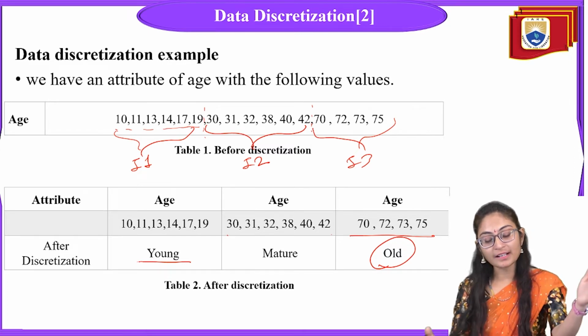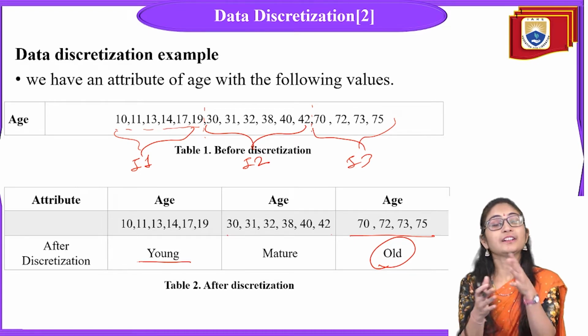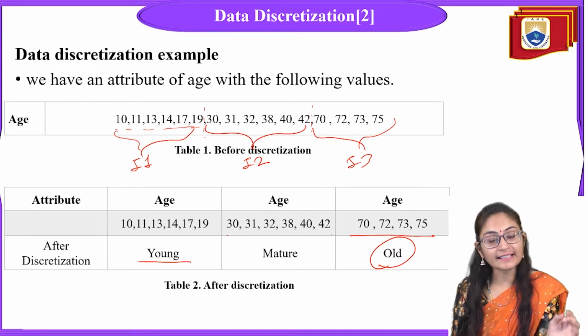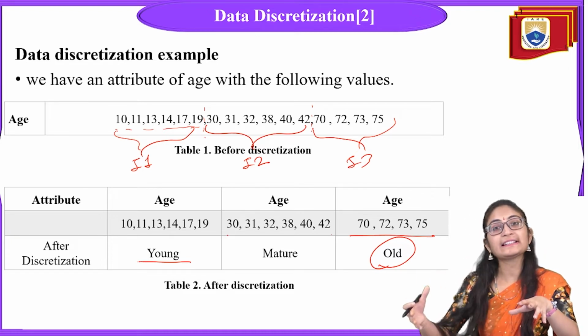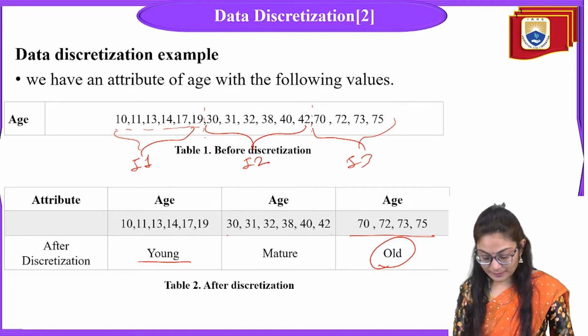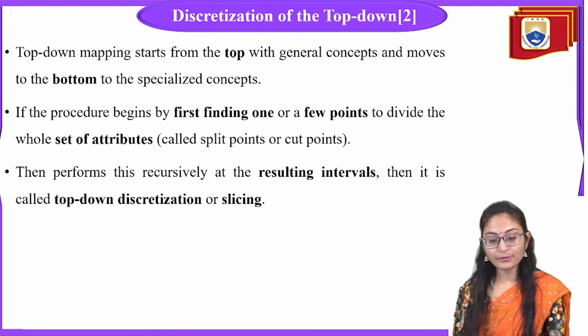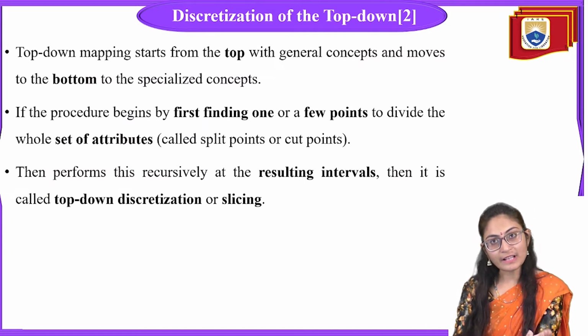These attributes cover all the data. I didn't remove anything, there is no loss of data. We only split the data and gave some specific values. Now we will see that discretization has some approaches.